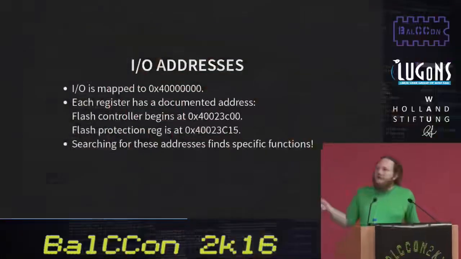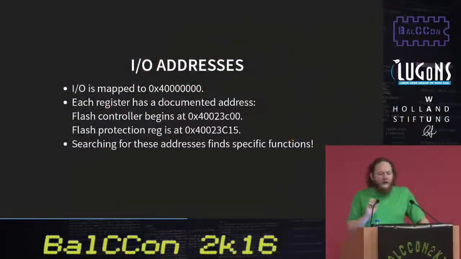But what you can track are the I/O addresses. So I know that all of the I/O addresses begin with a 4, and I have a complete listing of all of them from ST Microelectronics, which is the manufacturer of the CPU. And these are the same for all units of that CPU. So I know that the flash controller begins at 40023C00, and I know that the flash protection register, which disables the write protect field, is at 40023C15.